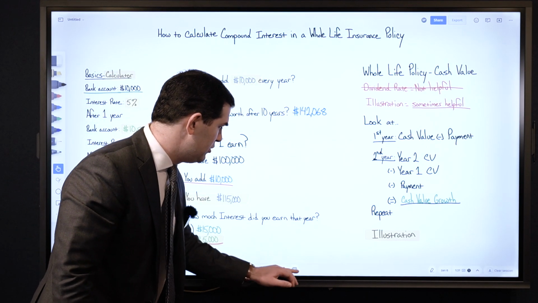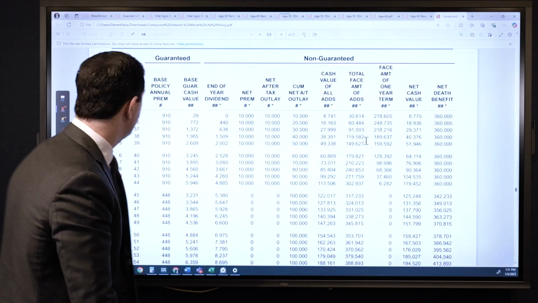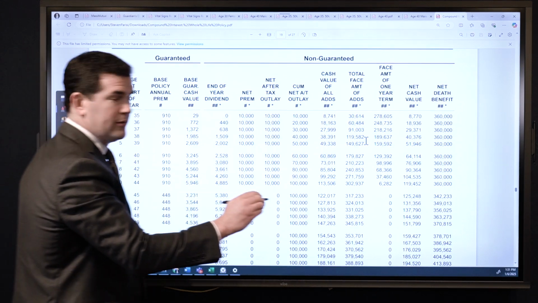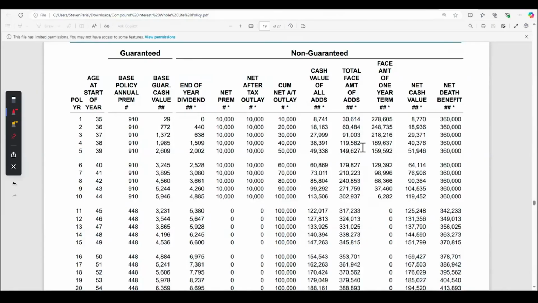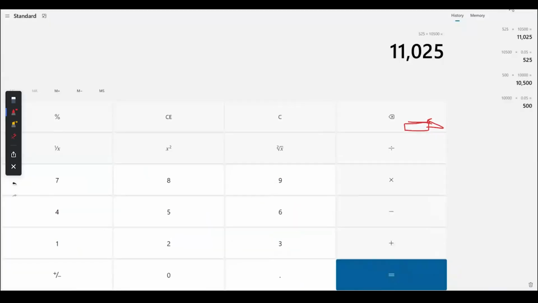So what that means, we started with the second year. So I want to take my second year cash value here, $18,936, minus my first year cash value. Let's do that actually. Let's take a look at our calculator. So first year, we had what?